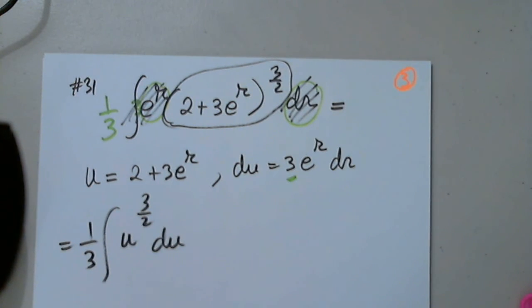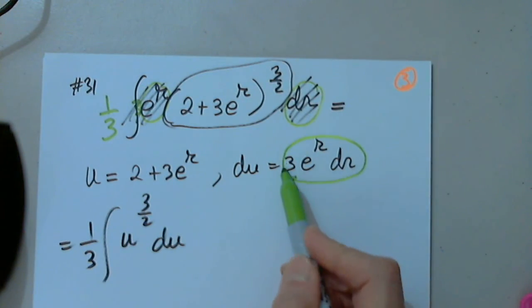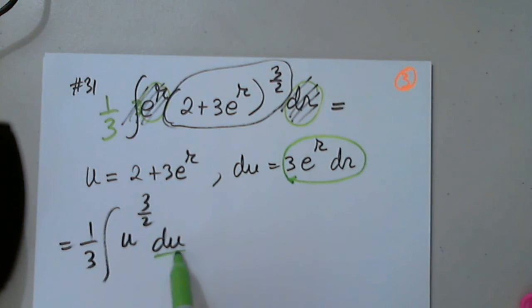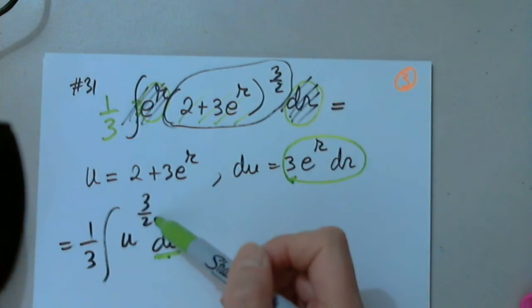Are we okay so far with this? Yes. Good. So you understand these factors are here, which I used for the du. And all this is u to 3/2.